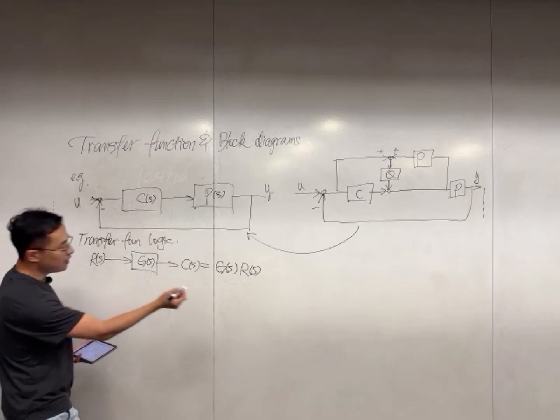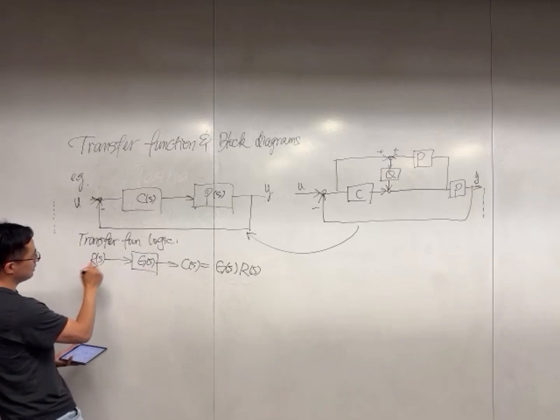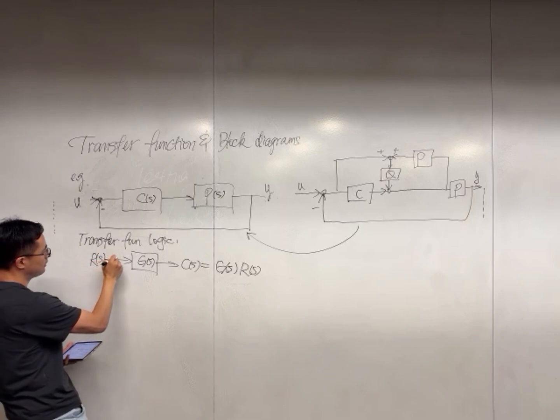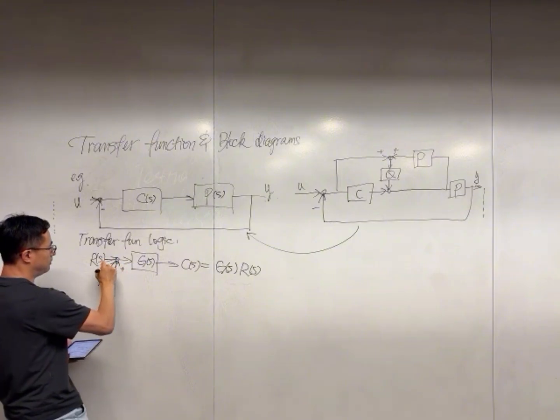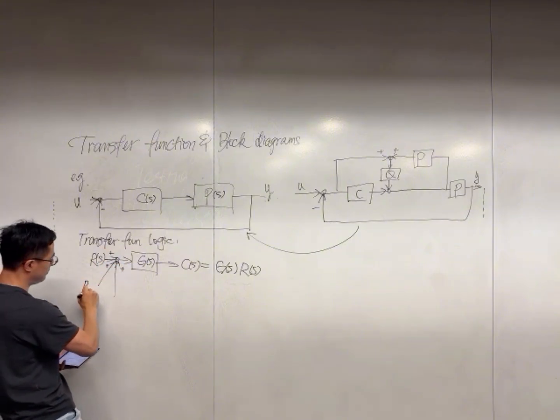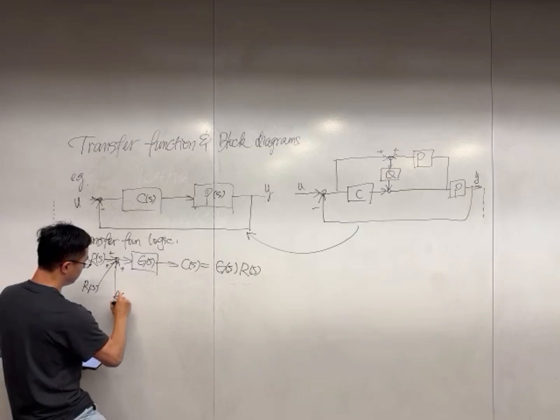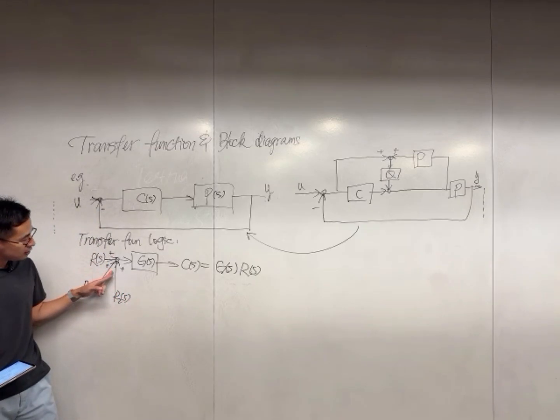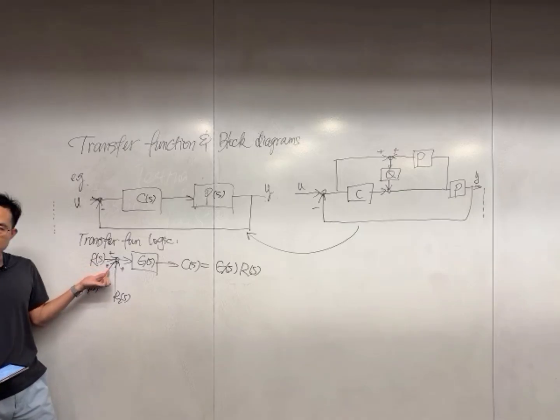And then if you have more elements into it, so let's suppose your input is more complex. Then we have the summing junction. This is called a summing junction. And then different signals go into the summing junction.